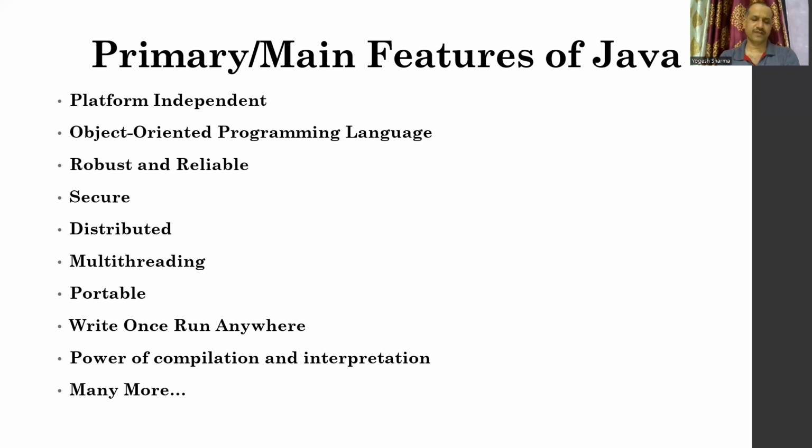When I say robustness, it means it is responsible for creating fewer errors, and if the programmer is much aware of the errors and all those things, it is more robust and reliable as compared to other languages. It also provides security. So another feature is security.